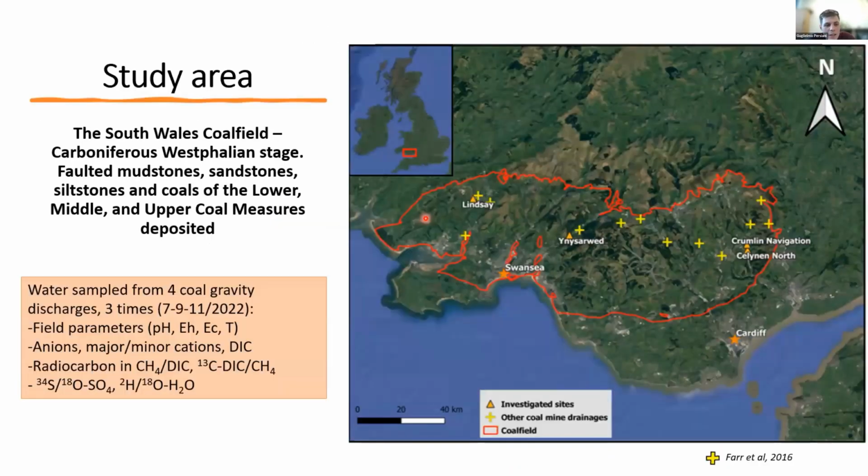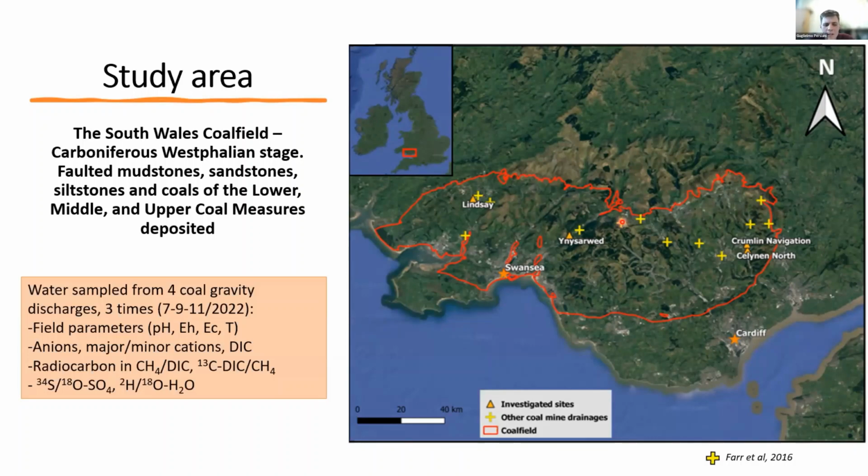So, very quickly, the study area here. We are in the South Wales Coalfield, where all the coal measures worked are contained in the Westphalian stage of the Carboniferous. In the west area of the coalfield, the coal seams worked are interbedded with sandstones and siltstones, while when we move to the east of the coalfield, the coal seams worked are interbedded with more shale and mudstones.